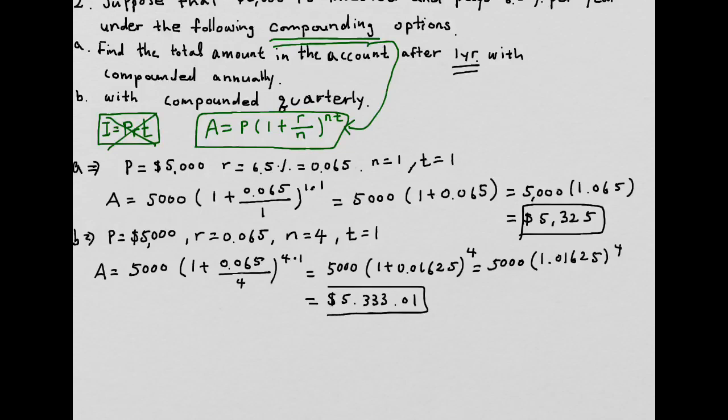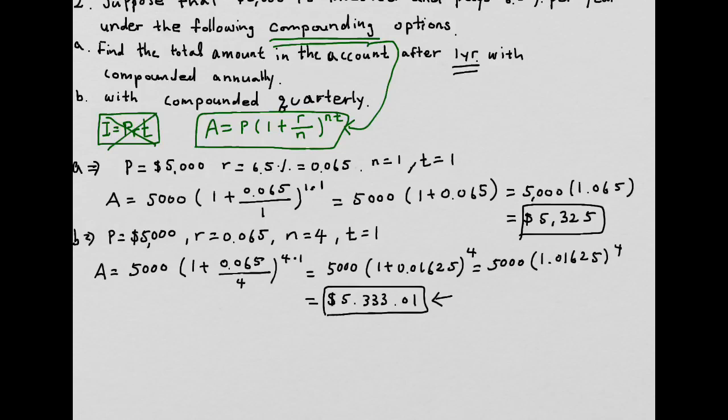So when you're comparing these two numbers, this is the total amount you get when you compound yearly. This is the amount you get when you compound quarterly, 4 times per year. You get a few dollars more, right? So obviously this is more.